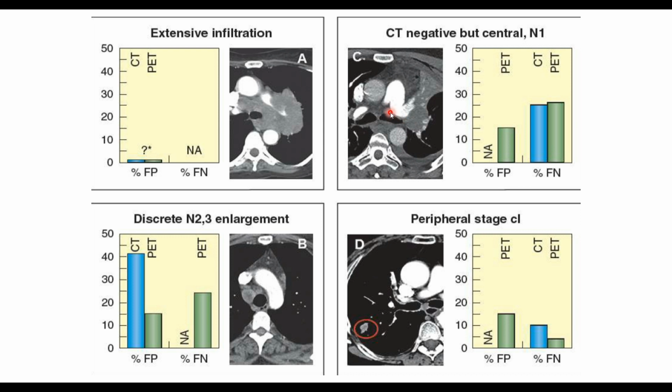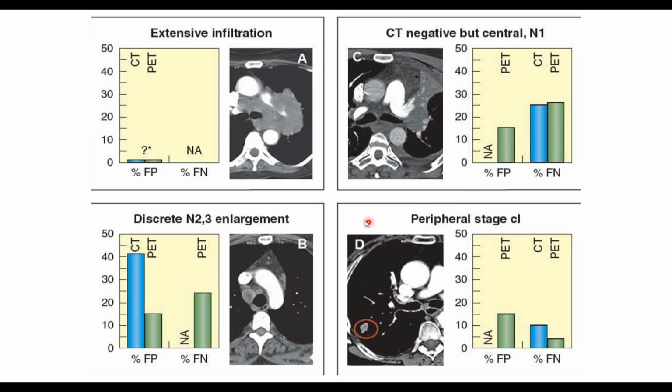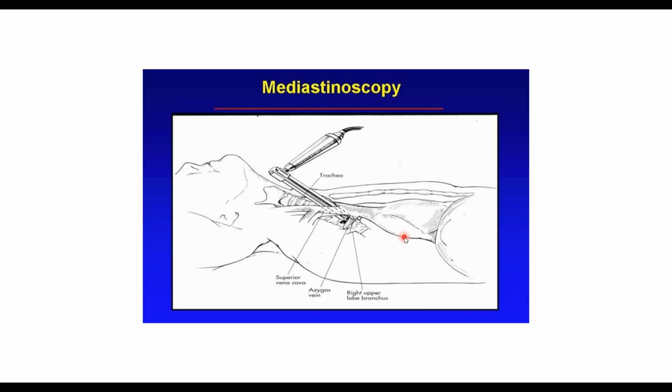So it is T2N2, which directly places the patient in stage 3A, and you would go for multimodality treatment, probably chemoradiotherapy, or a joint clinic discussion about the role of surgery in this patient, being a single station, non-bulky N2 disease. All that comes later.